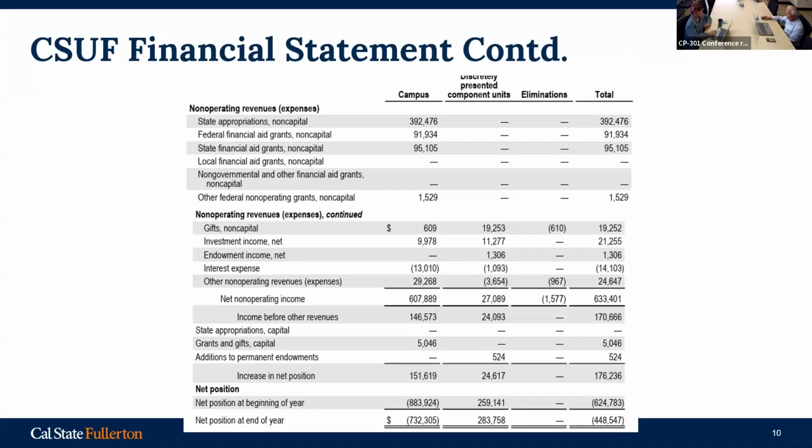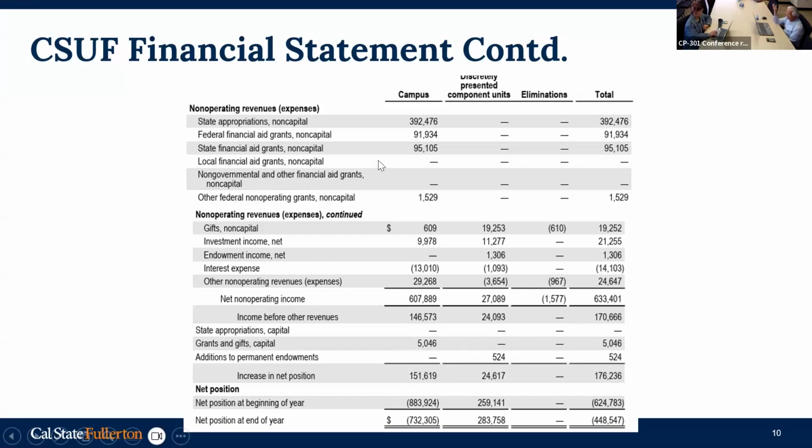And the federal government, 91, and so on and so forth, for a total income about, you add them up, is 607, and then we have all the grants and gifts. So when you add the total revenues minus the expense, we got a surplus of $151 million in the year that ended 2023.